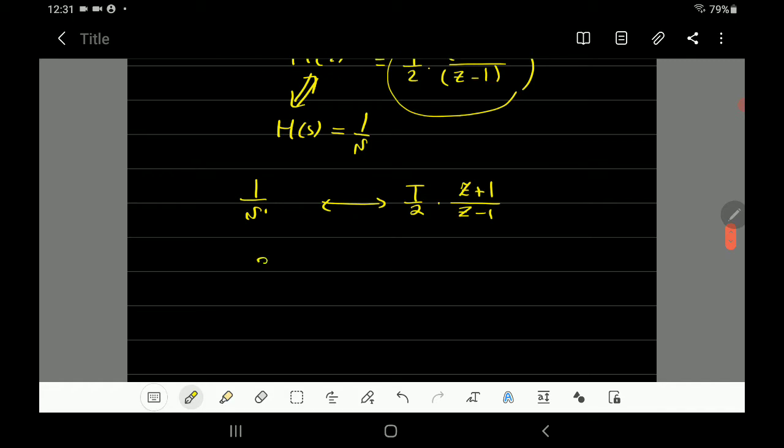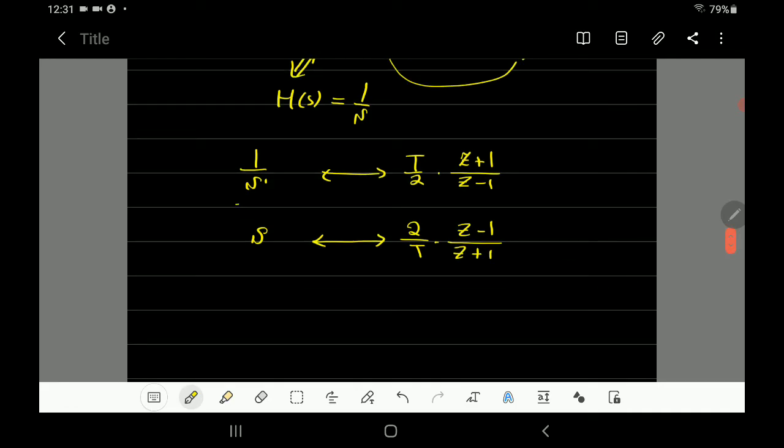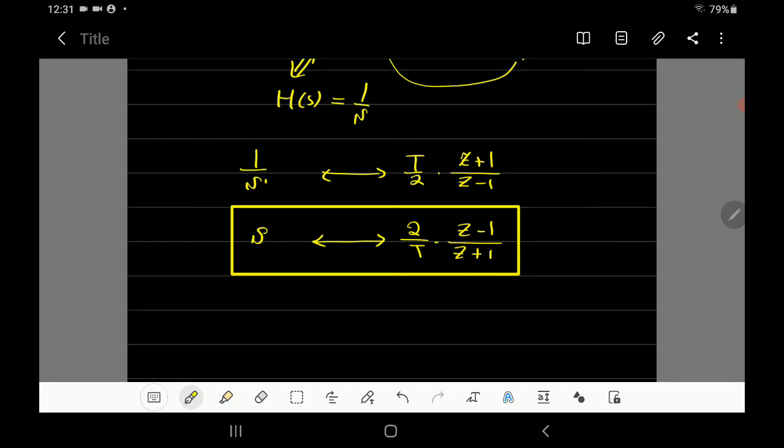If you want to find s, just flip both sides: 2 over T, z minus 1 over z plus 1. So if you want to transfer any transfer function from the s domain to the z domain, all you're supposed to do is substitute s with 2 over T times z minus 1 over z plus 1.